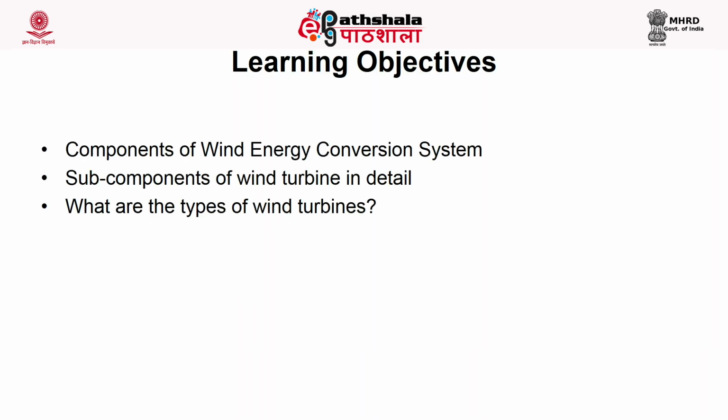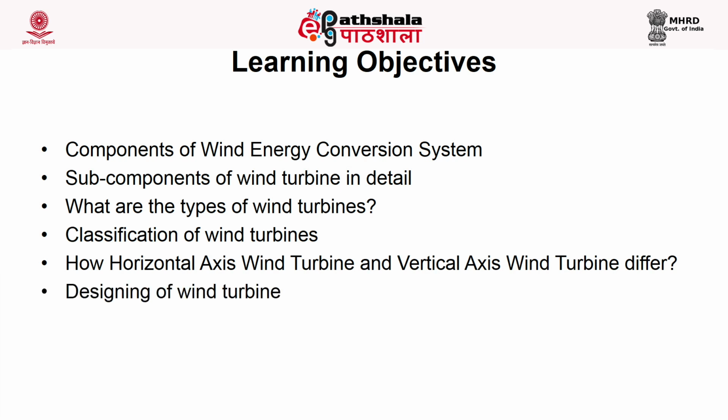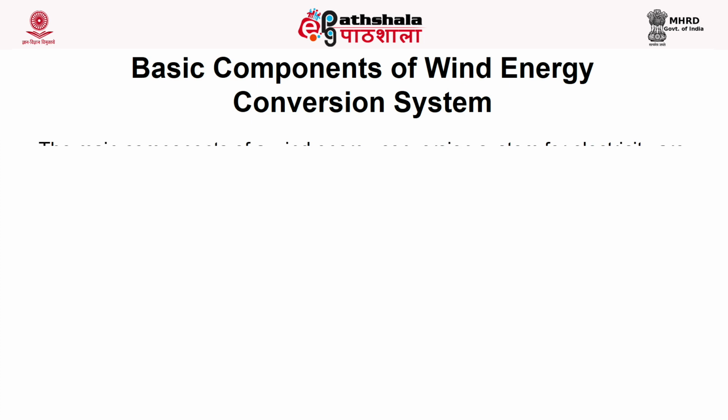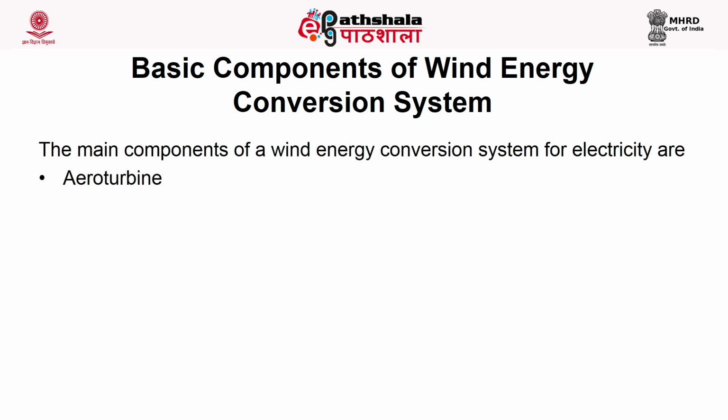What are its advantages and disadvantages. We will also see the designing of the wind turbine, and what all things have to be taken care of while designing a wind turbine.